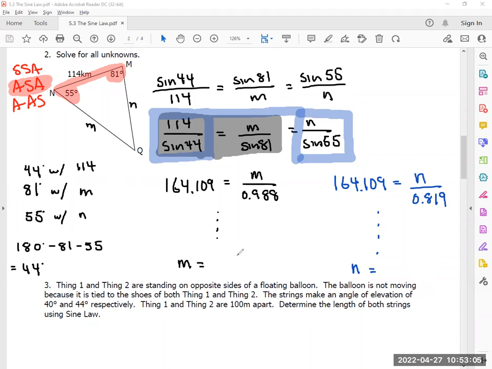The challenge with number 3 is you have to draw your own acute triangle. So read that question carefully and see if you can solve it. I believe this class is essentially over in 7 minutes. So try to finish number 2, get started on number 3, and the bell will signal your dismissal.